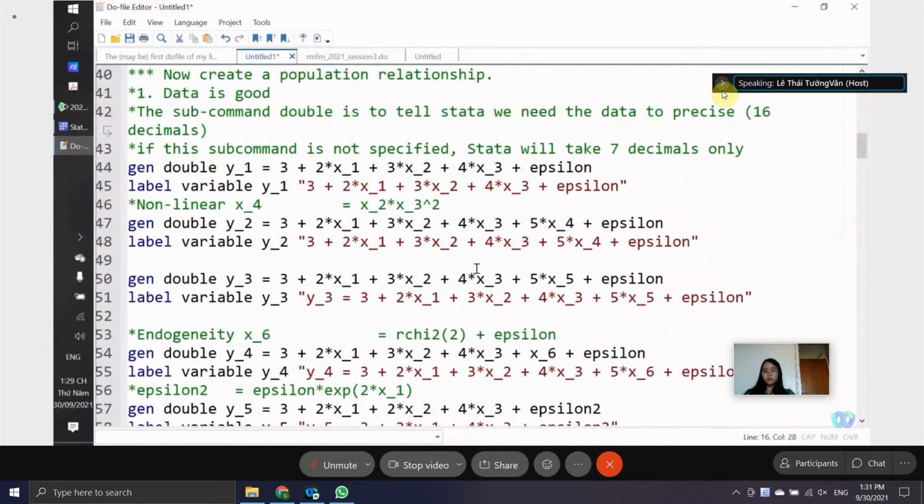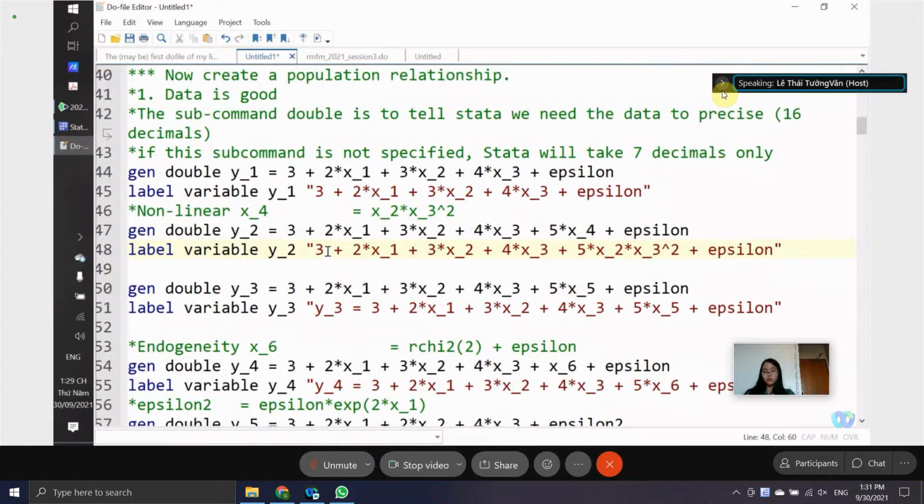And in the equation of y2, the true relationship is y2 equals 3 plus 2 times x1 plus 3 times x2 plus 4 times x3 plus 5 times x2 times x3 squared. So this is a nonlinear term.